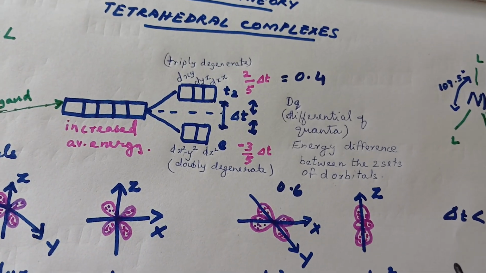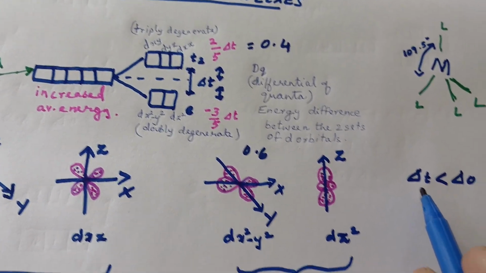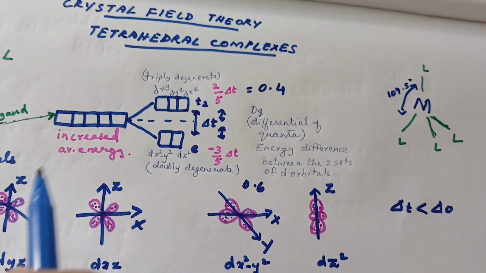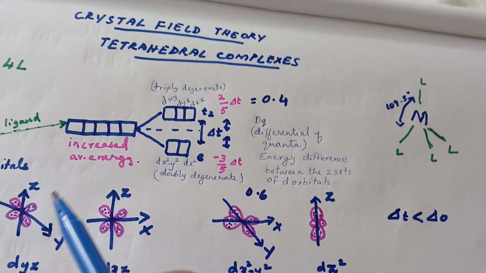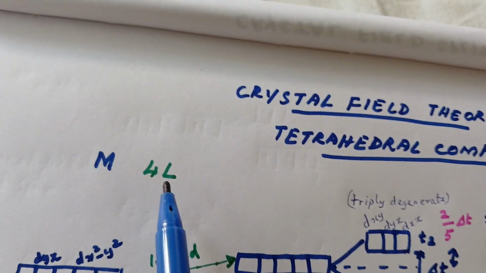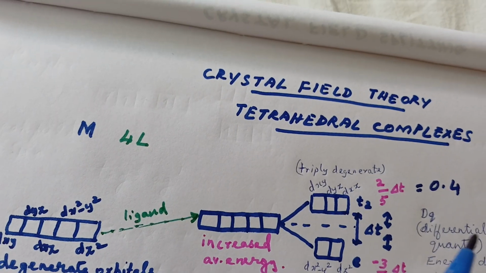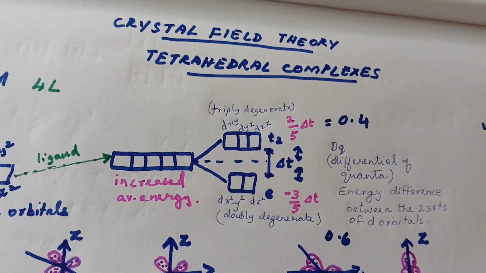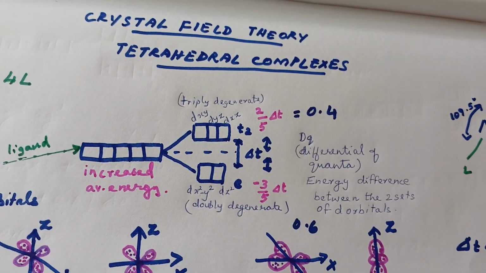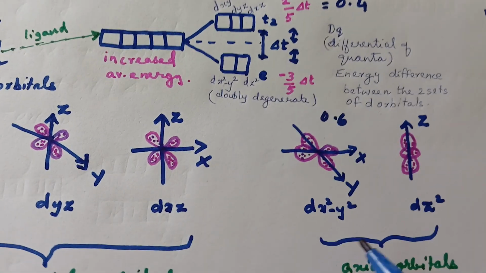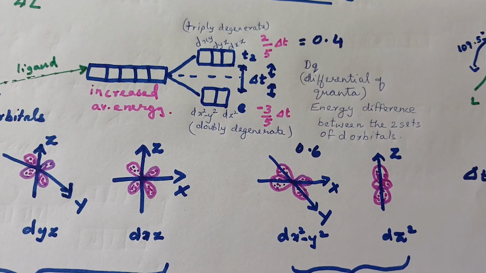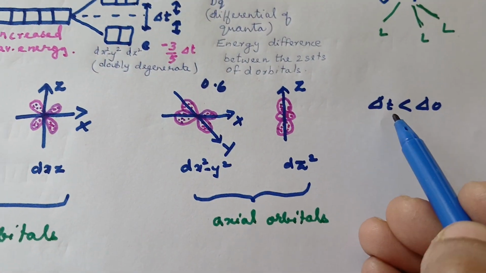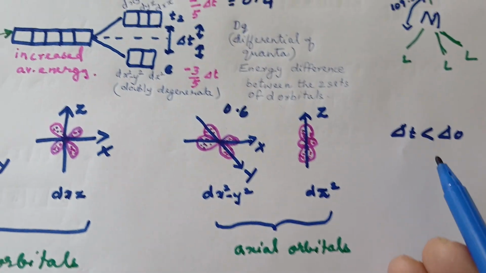And another factor responsible for delta T being less than delta O is that the number of ligands here is only 4. So the number of electrons, as you know, will be lesser. In the case of octahedral complexes, there are 6 ligands approaching the central metal atom. So that is why there is a difference between delta T and delta O. Delta T is less than delta O.